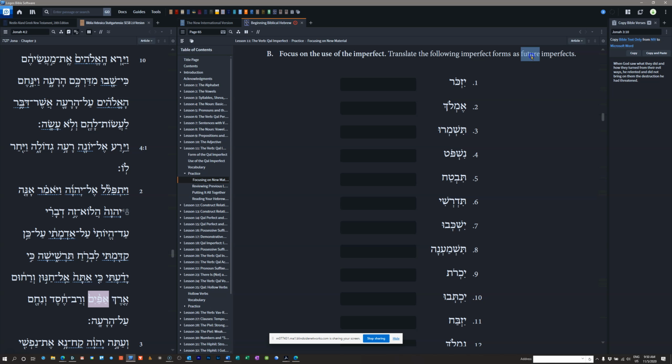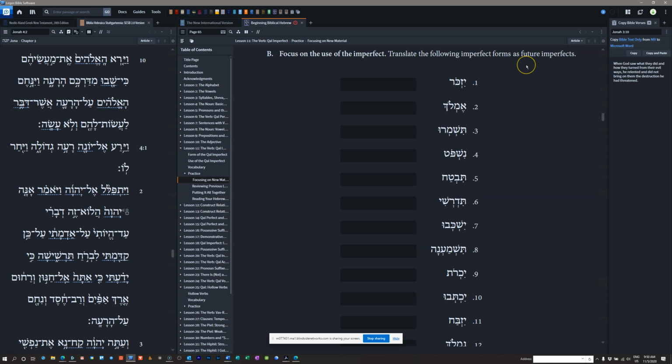He specifies future imperfect because sometimes someone may use an imperfect conjugation for present tense, or even for like potentiality. So I may do this or that. So the imperfect tense form can be used for a lot of different things. It can even be used as a command, like you will honor your father and mother.